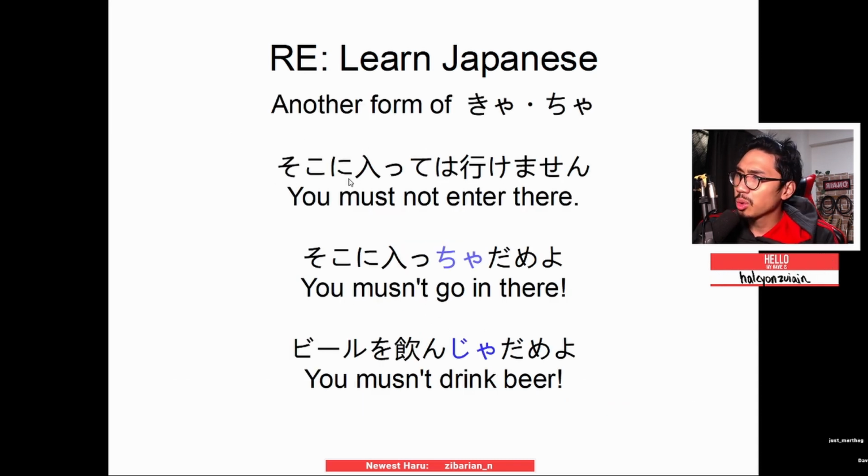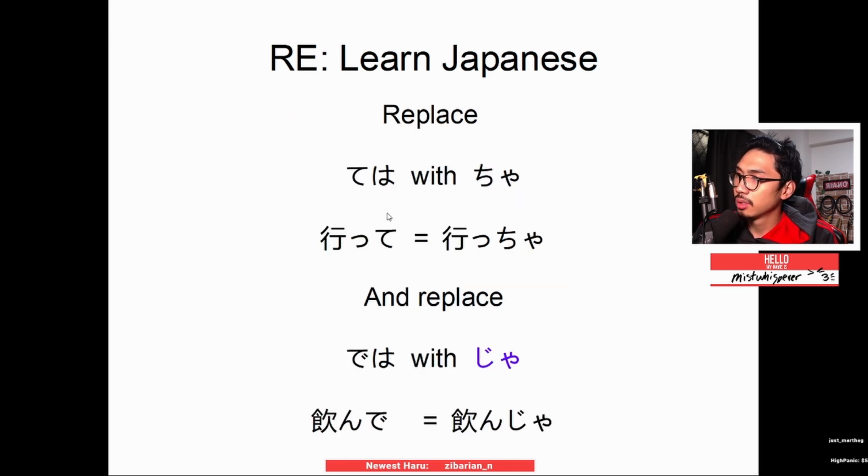Again, I'll show you. そこに入ってはいけません. You must not enter there. そこには入っちゃダメよ. So you can see the conjugation here, right? ビールを飲んじゃダメよ. So you can change ては to ちゃ. So 行って, 行っちゃ, 行かなくては, 行っちゃ. So 行っちゃダメ. And replace では with じゃ. So 飲んで, 飲んじゃ.